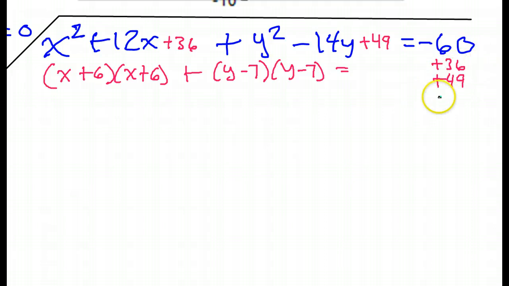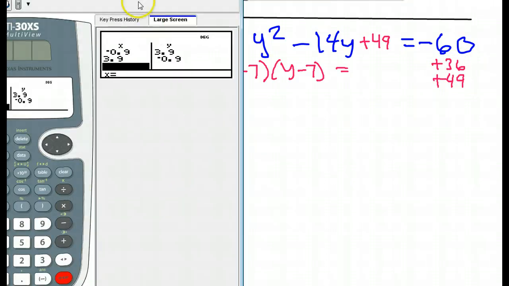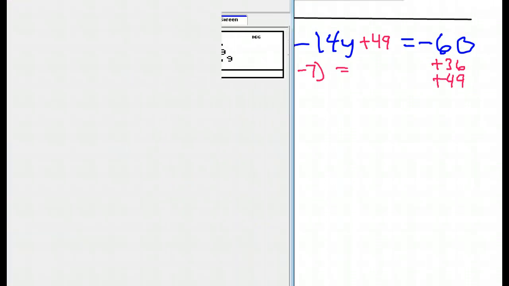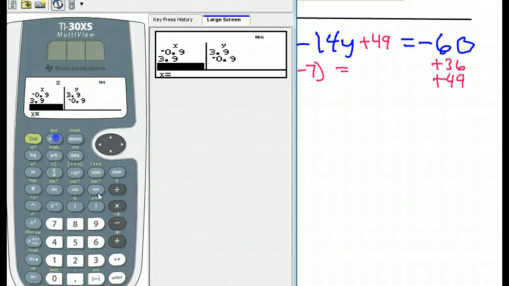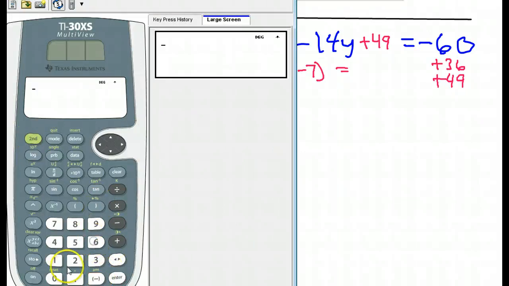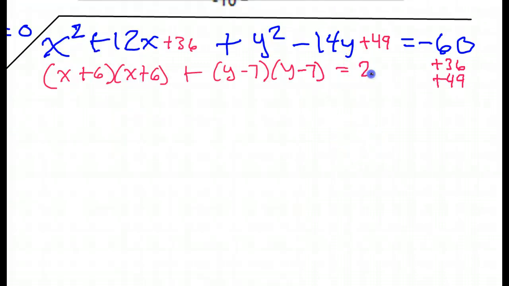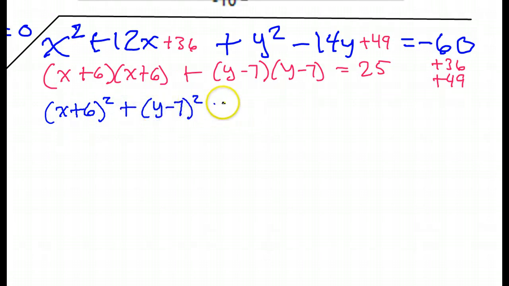Now, if you add all this up, we've got -60 plus 36 plus 49. That's 25. That's nice. So all this is equal to 25. So that gives us x plus 6 squared plus y minus 7 squared is equal to 25.